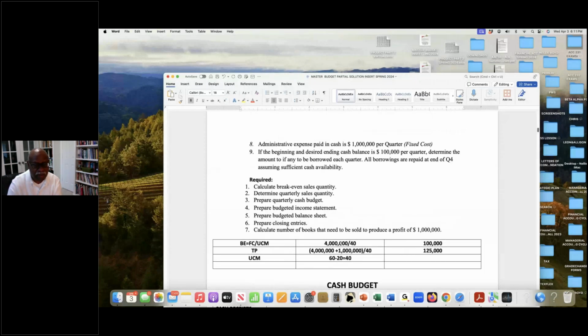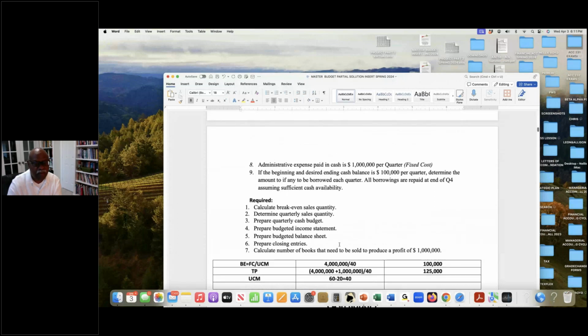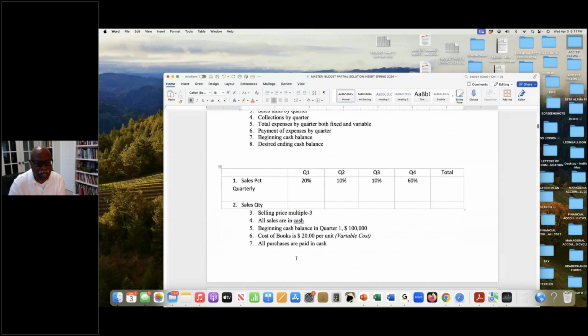Our contribution margin is simply what? The cost of the books is 20. We had a selling price multiple of 3. So the selling price in this problem is going to be 60. We only have one cost, 20, so 3 times 20 gives us a selling price of 60.